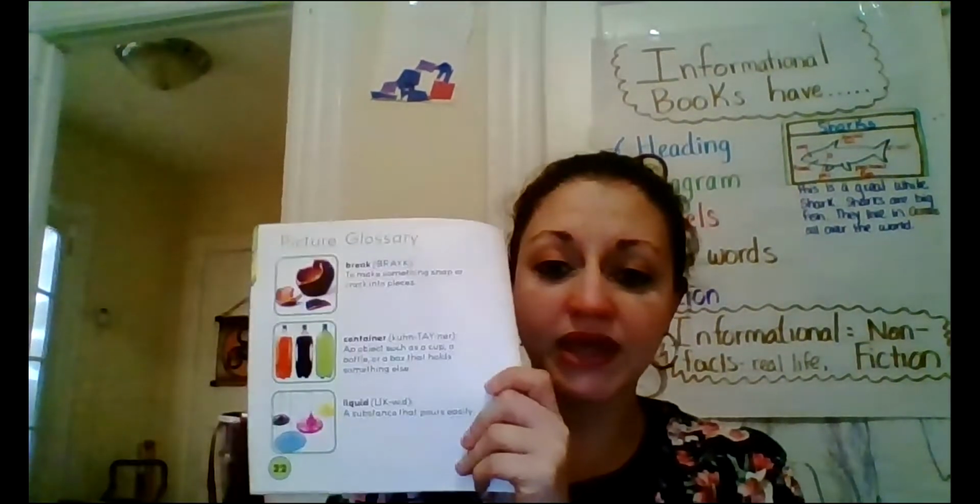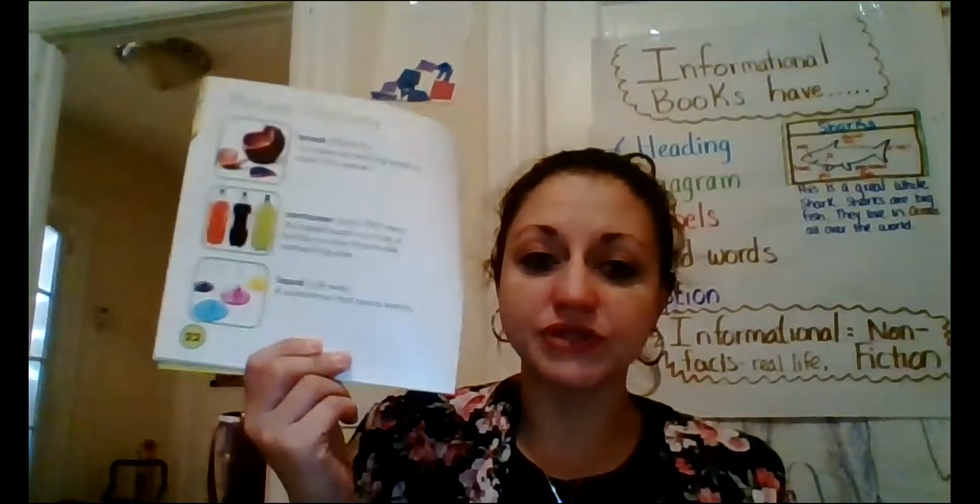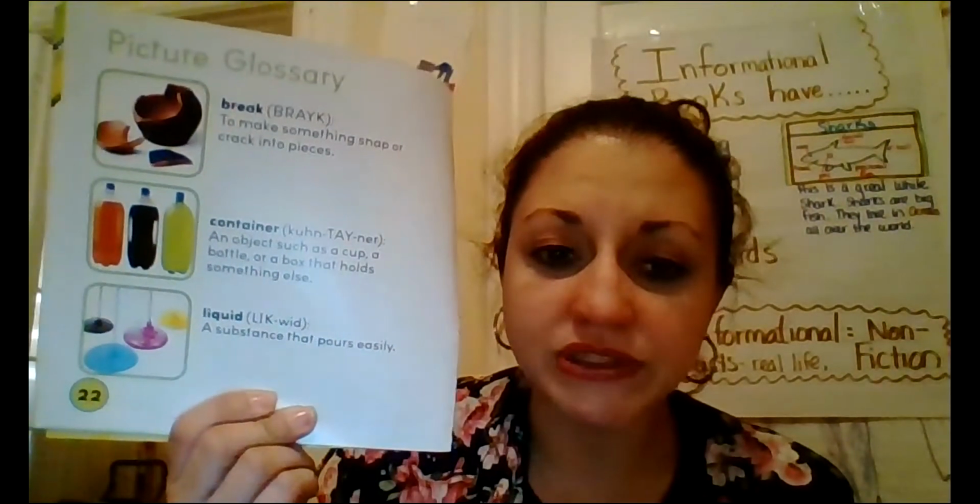Oh, wow. Okay. So then at the end of our book, we have lots of, so this actually shows us details about all the words that were bolded in the pages, right?